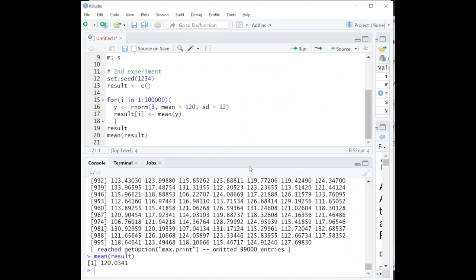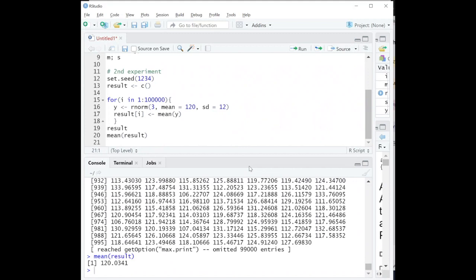But you have to be convinced that if I do this an infinite number of times, I will obtain a population of means whose mean is 120. So the conclusion is that if you want to obtain the exact result for an experiment, you have to do that an infinite number of times, which is not possible.